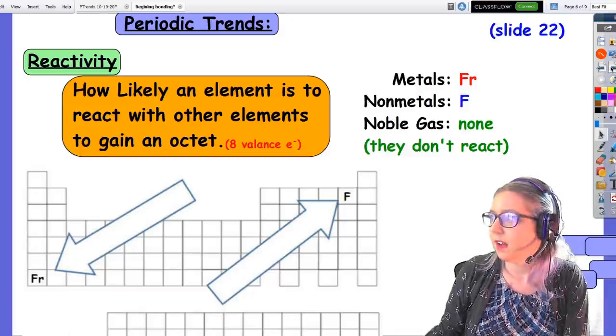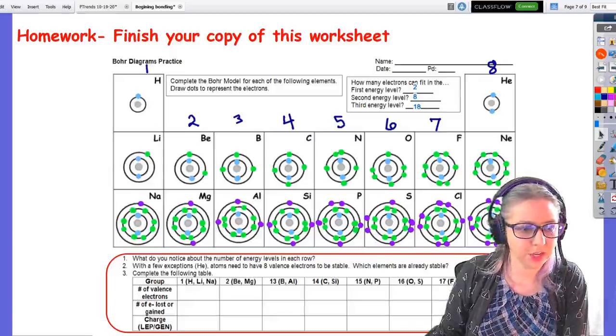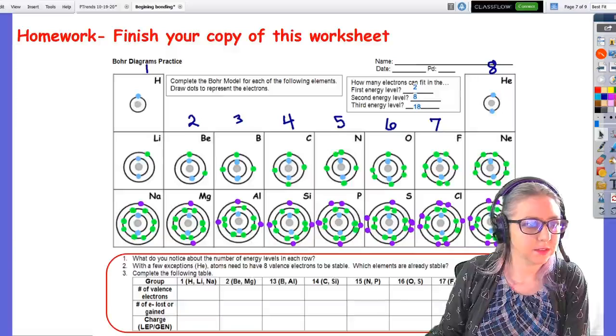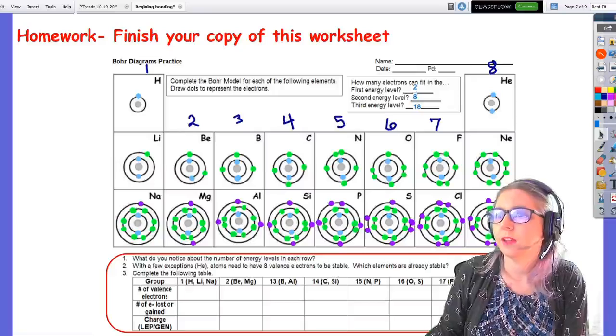All right, next on our to-do list is that homework. So here, let me change my share. Past lessons. Yep, that's the page I was on. So in your modules, I'm going to move this up.